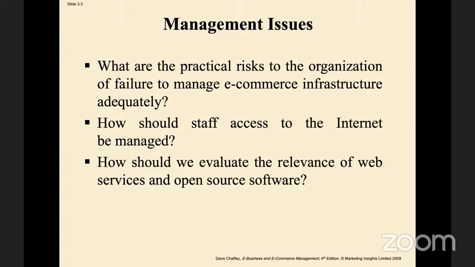Number two, how should staff access to the internet be managed? Obviously the employees, the staff of the company, need to access the internet, so what are the options for that organization, and how can we manage it? And number three, how should we evaluate the relevance of web services and open source software? So these are the management issues that we need to address.